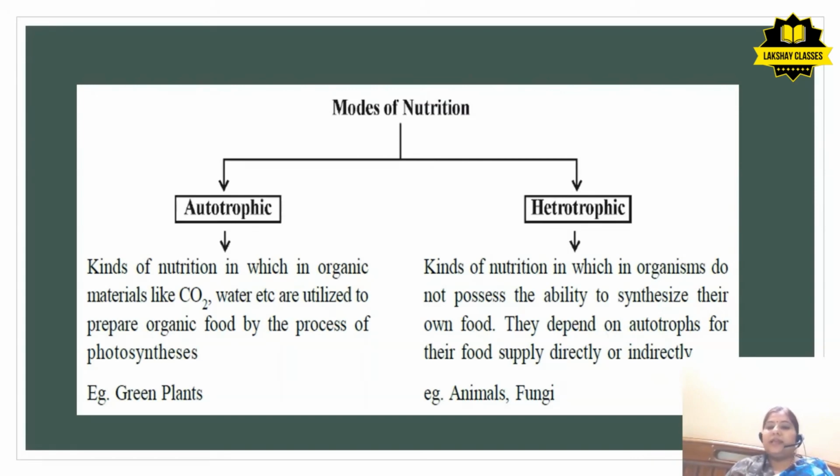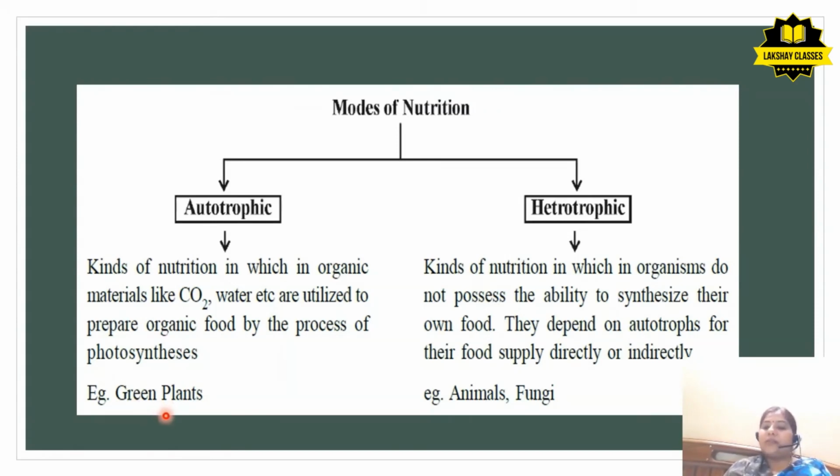Photo means light here. That means apart from carbon dioxide and water, plants also use sunlight to synthesize or prepare their food. And there is also a fourth raw material which plants utilize. All of you know that only green plants can make their food. The green color is due to the presence of chlorophyll.